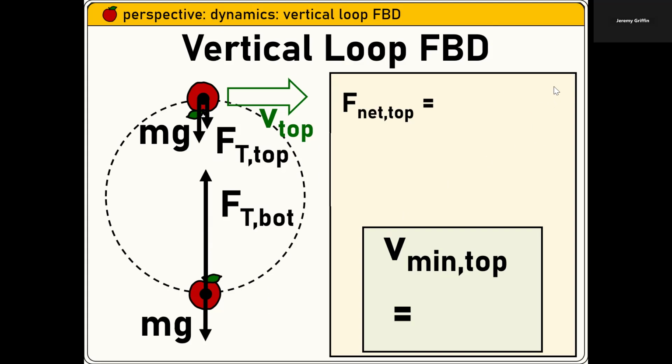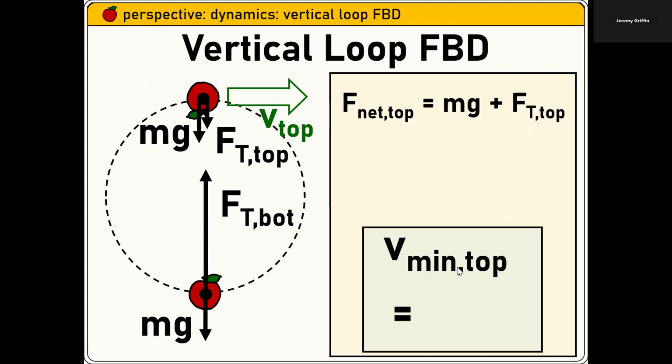What do you write for net force at the top? It's what plus what? The weight of the object wants to pull it down, and the string tension is also pulling it down at the top. You see where this is going.